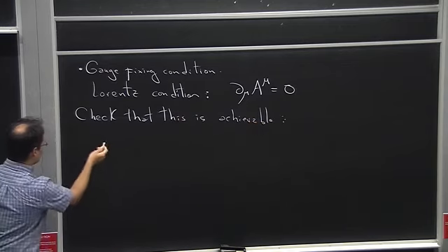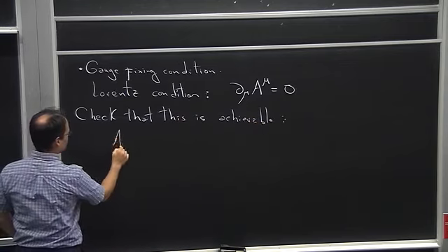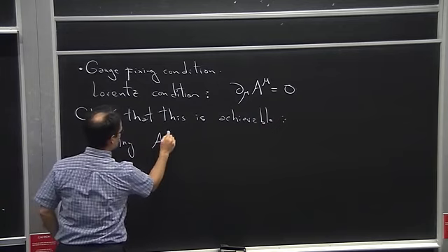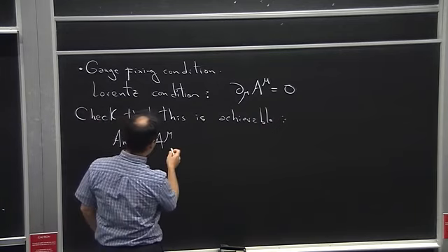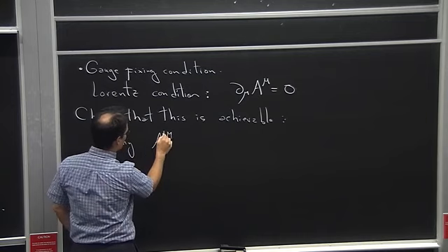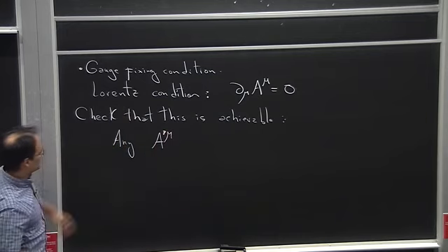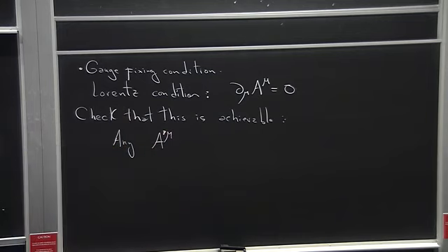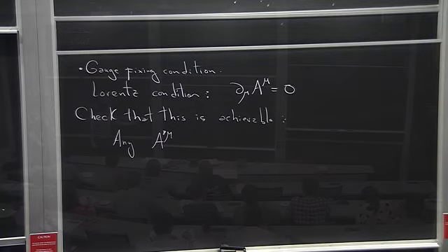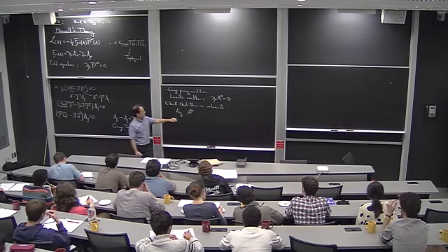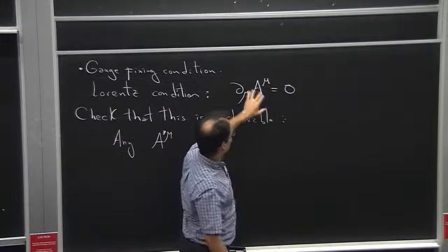So if you have any gauge potential, A mu, let's call it A mu prime, we want to see whether in this space of all possible A's that I can get out of A prime by adding something of this form, I can come out with one that satisfies this.